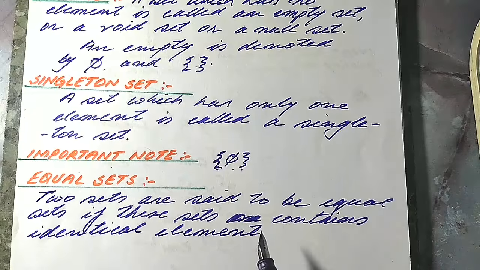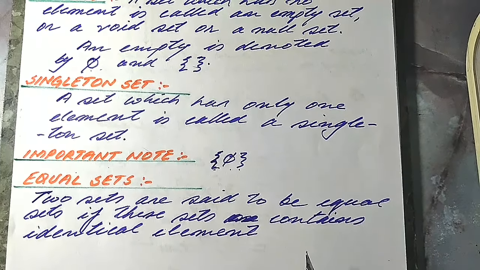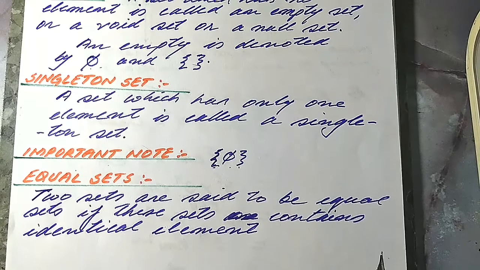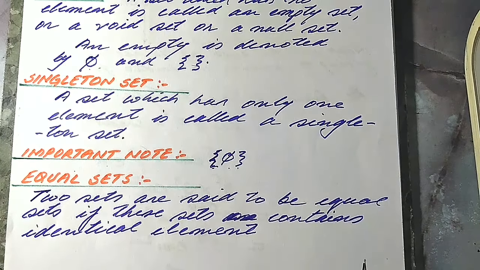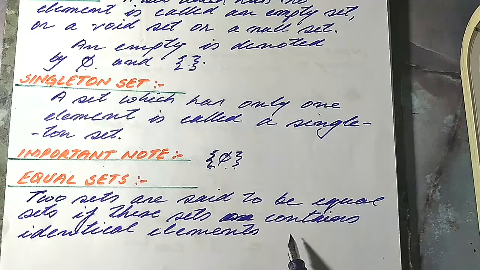Identical means quite the same. So two sets are said to be equal sets if they contain identical or same elements.